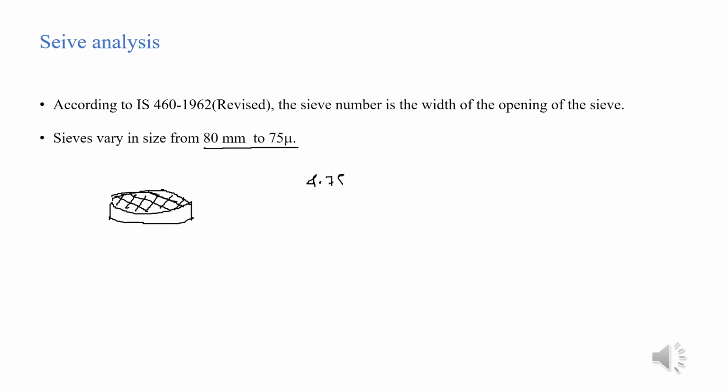So 4.75 millimeter is the considered sieve diameter, where the particles which are retained we call the gravel fraction, and the particles which pass through the 4.75 millimeter sieve are basically the fine fraction of soil.